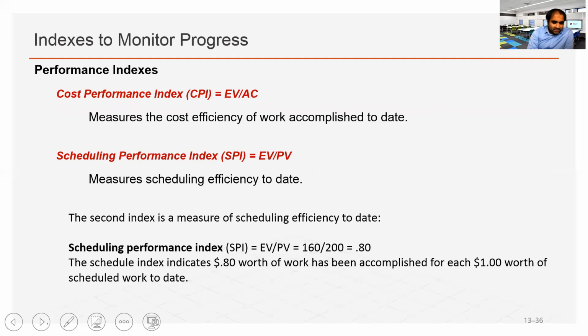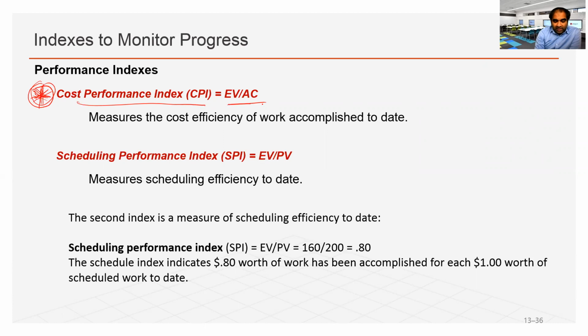Okay, next is indexes to monitor the progress. These are some simple indexes. CPI is the most commonly used and very important index in this process. CPI is a ratio of EV by AC.